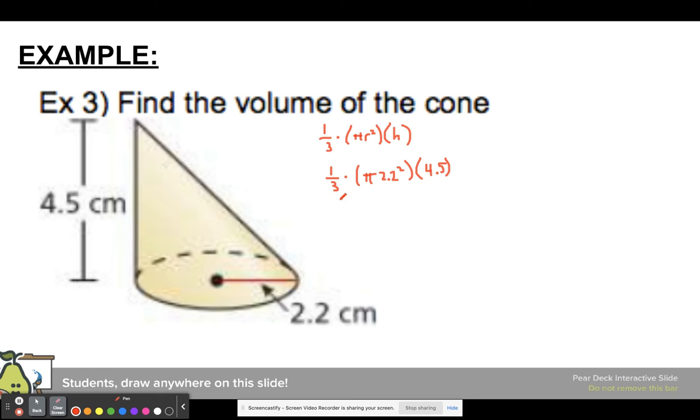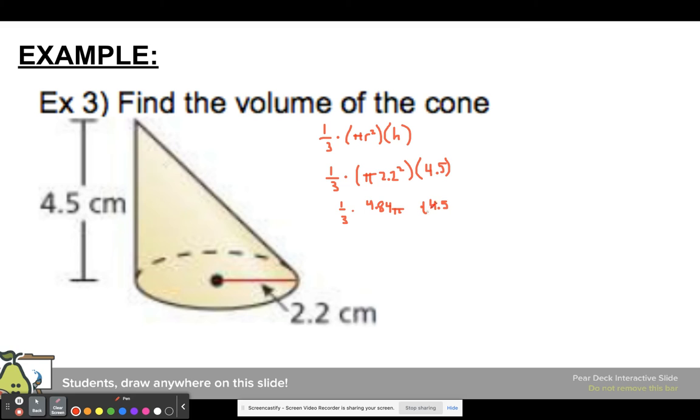And then that is going to give us 1/3 times 2.2 squared, which is going to give us 4.84. And then we still have our pi. And then that's multiplied by the 4.5.